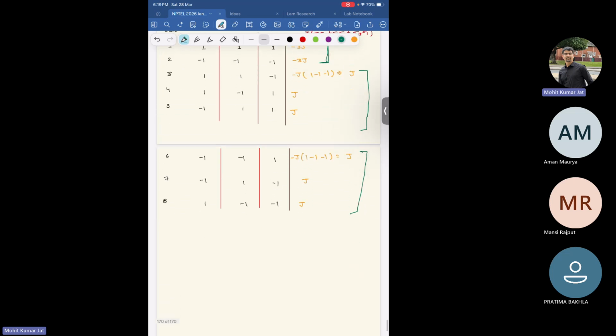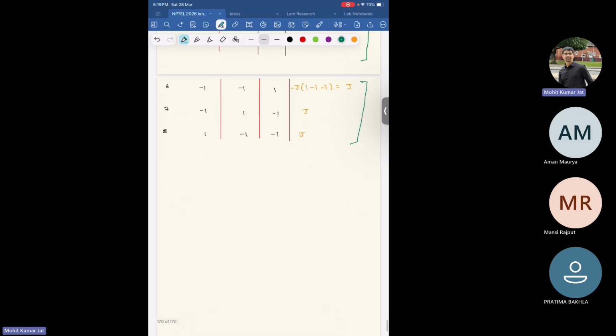So we can say that two states are having energy equal to minus 3J, and 6 states are having energy equal to plus J, right?